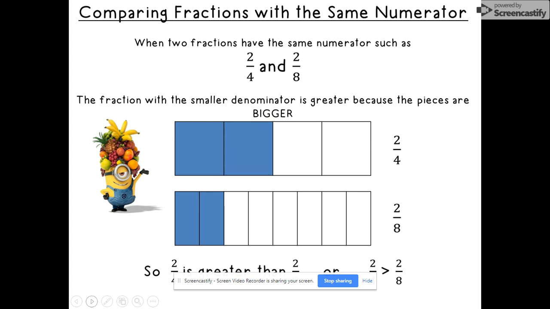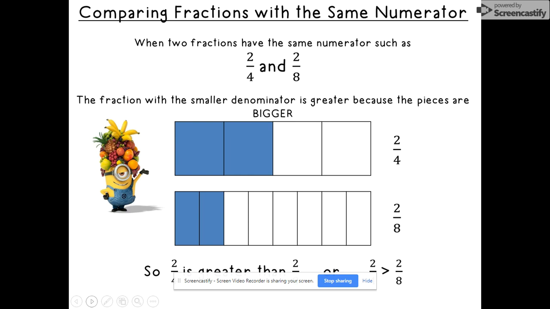So the first set of fractions that we're going to look at is fractions that have the same numerator. So in our first example, we have 2/4 and 2/8. The numerators, or the top number, is the same, and that denominator is different. And I think of the denominator as meaning how many people I'm going to share a whole cake with. I can either share that cake with 4 people, or I can share that cake with 8 people.